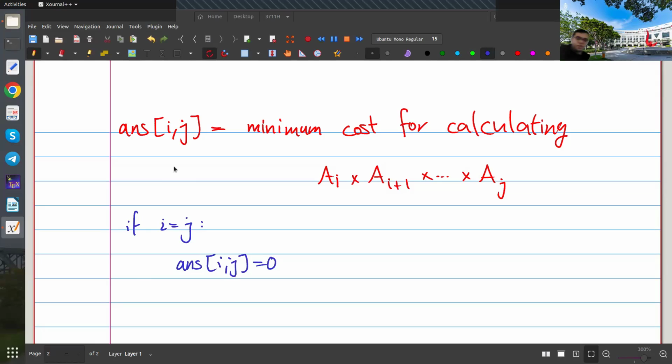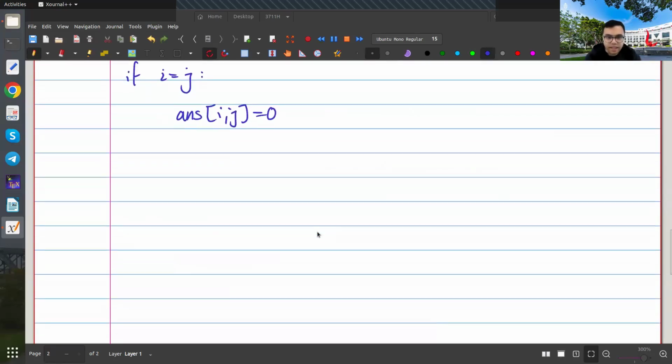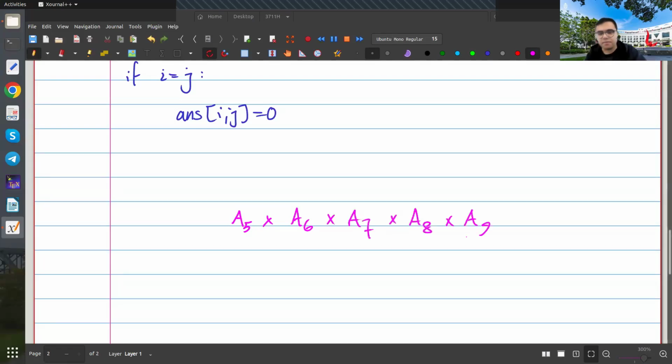Okay. So again, this is my situation. Let's do just an example. Let's say I want to multiply A5, A6, A7, A8, and A9, right? I have to do one of these multiplications last. Let's say that I decide that the last one is going to be this one.